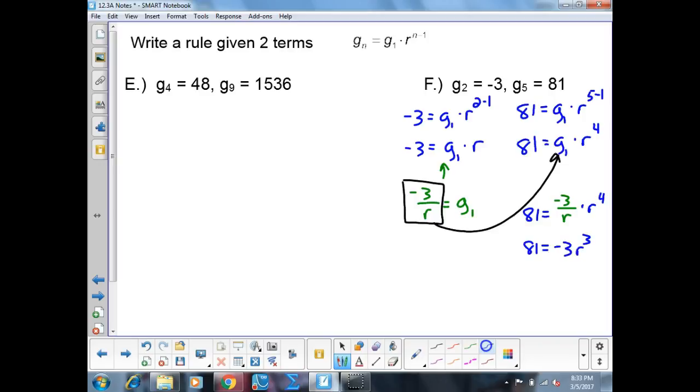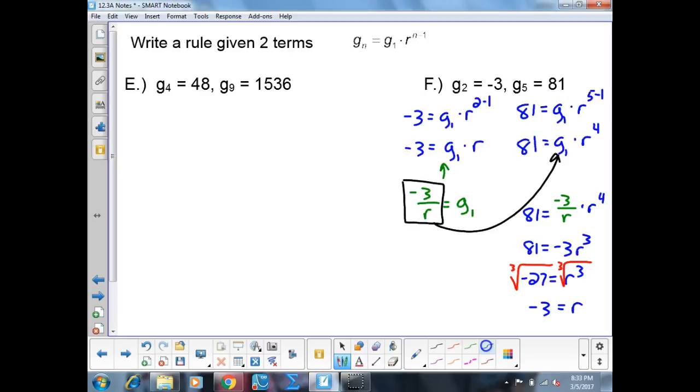When you simplify it, r to the 4th divided by r is r cubed times negative 3. Divide both sides by negative 3, we get negative 27 equals r cubed. Take the cube root on both sides, and we get negative 3 is r.